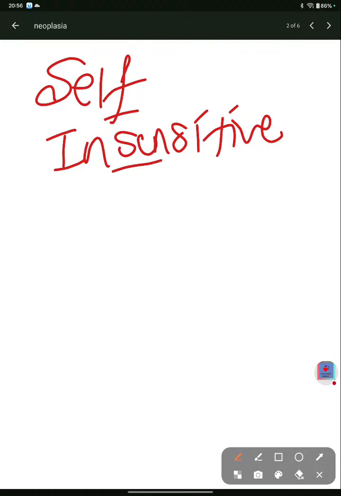The third point is altered cellular metabolism. Cellular metabolism is altered.